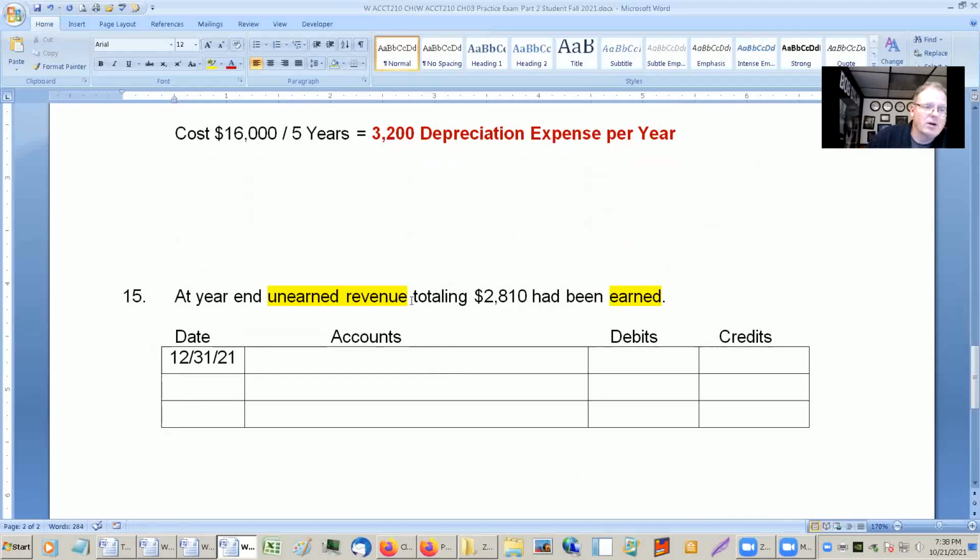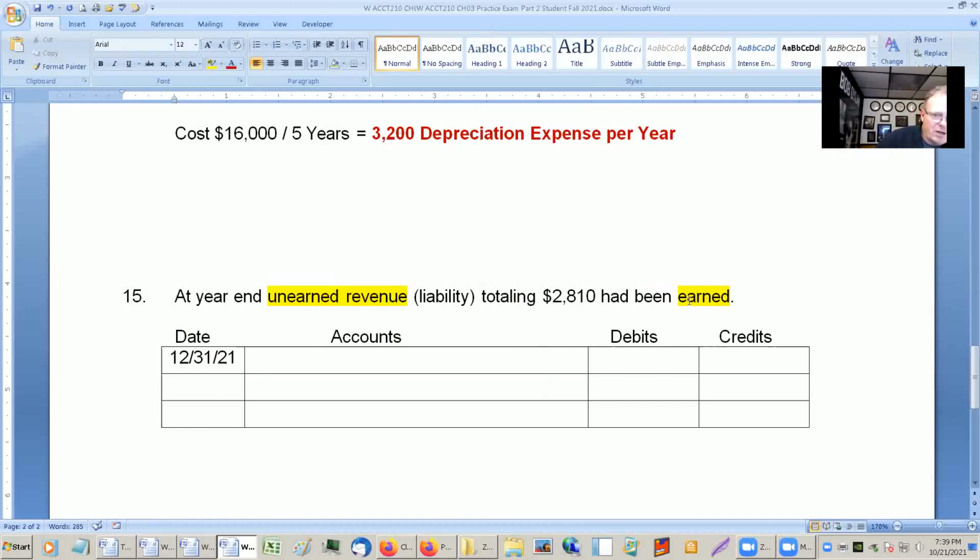Correct. So unearned revenue really isn't a revenue at all. It's a liability. Kind of a bad name for it, but the world's not perfect. So unearned revenue is a liability.